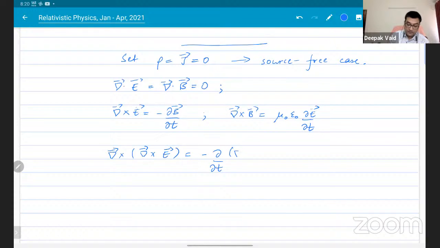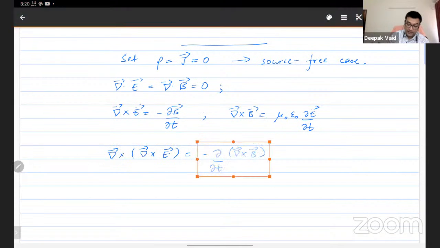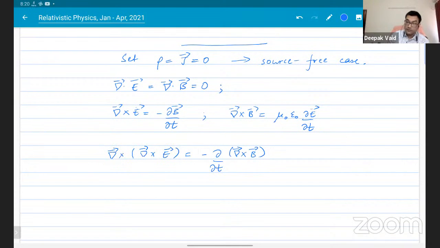So on the left, we get curl of curl of E. On the right, we get curl of dB by dt. But then we can commute the curl and the time derivative, right? Partial derivatives commute in this way, so I can put the curl inside the time derivative.